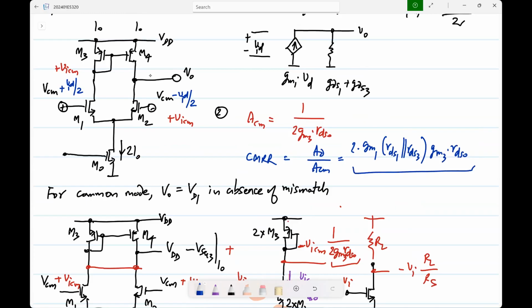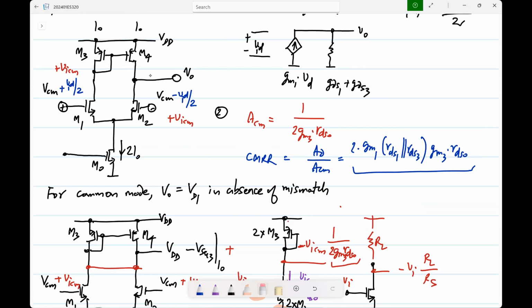That's why this stage is very popular. In fact, this is one of the few stages that only reacts to the differential mode. What do you have to do to improve the common mode rejection? Let's say you don't want to change anything else and you want to change only the common mode rejection. What is it that you have to improve in the circuit? RDS0.